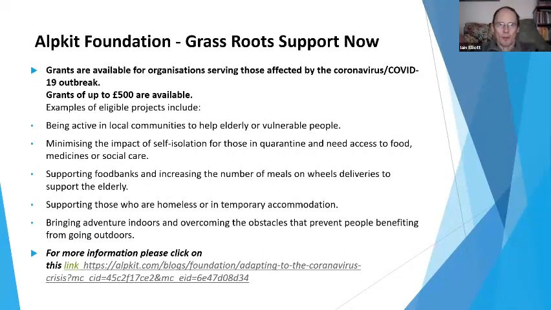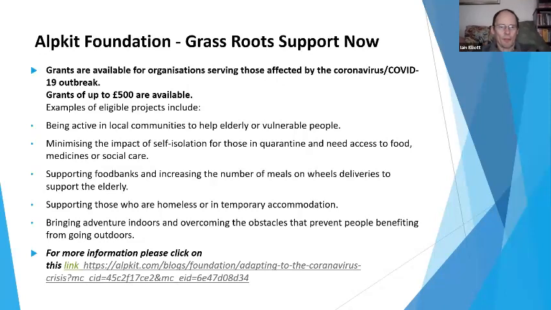Alpkit Foundation. Alpkit is actually an outdoor shop, but they seem to have created a foundation as well. Grants are available for organisations serving those affected by the coronavirus COVID-19 outbreak. Grants of up to £500 are available.